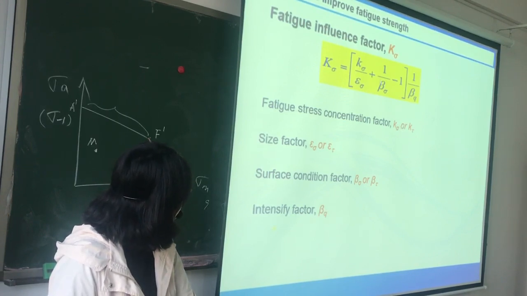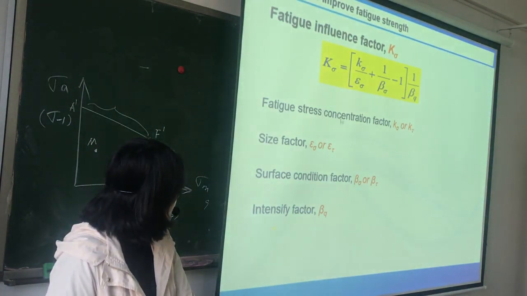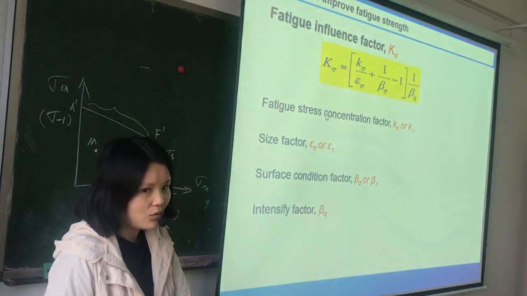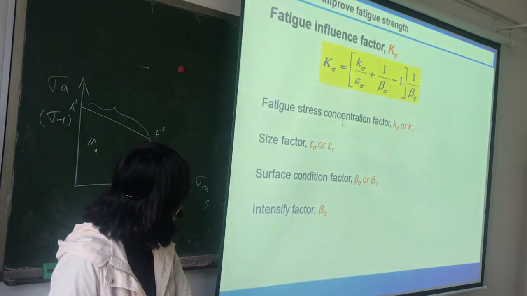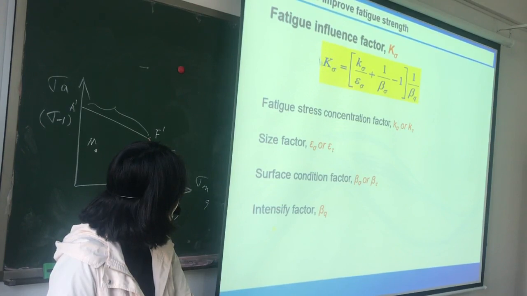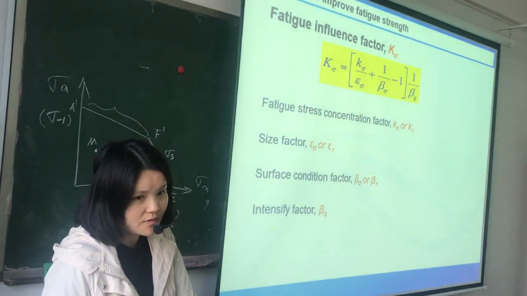This considers the stress concentration, usually induced by geometrical discontinuities like keyways, holes, or shoulders on an element. If the value of this factor increases, the fatigue influence factor big K sigma increases, and the fatigue strength of the element will decrease.